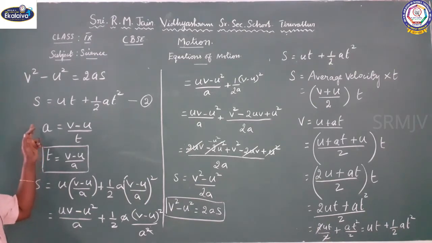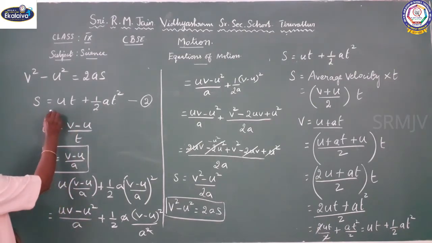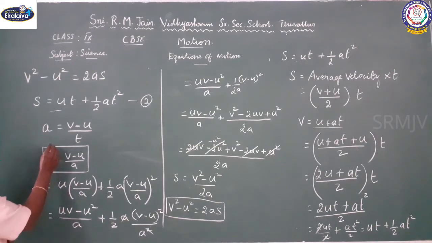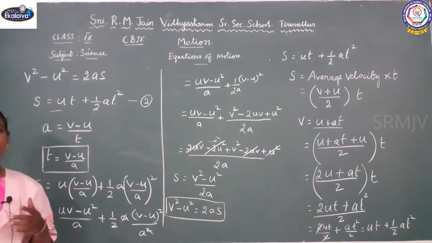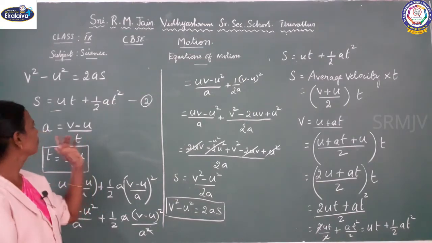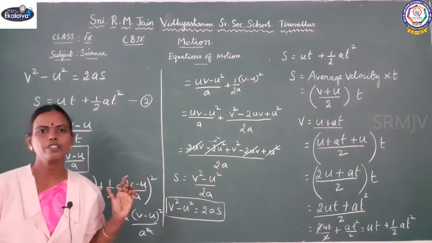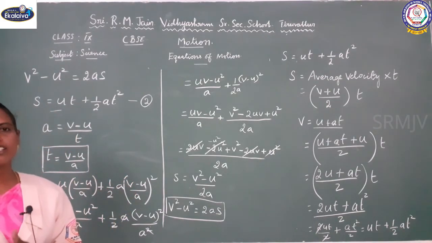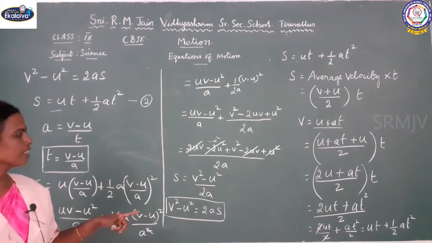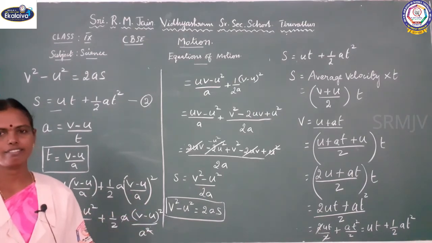The second equation is derived from displacement, that is, displacement is equal to average velocity into time. Then the third equation is derived from the second equation.